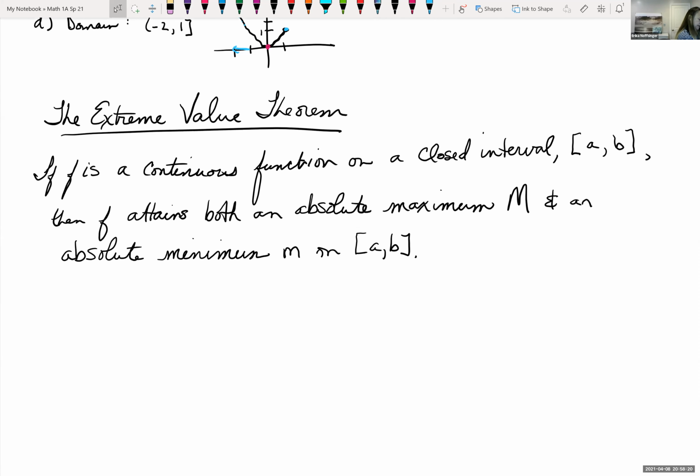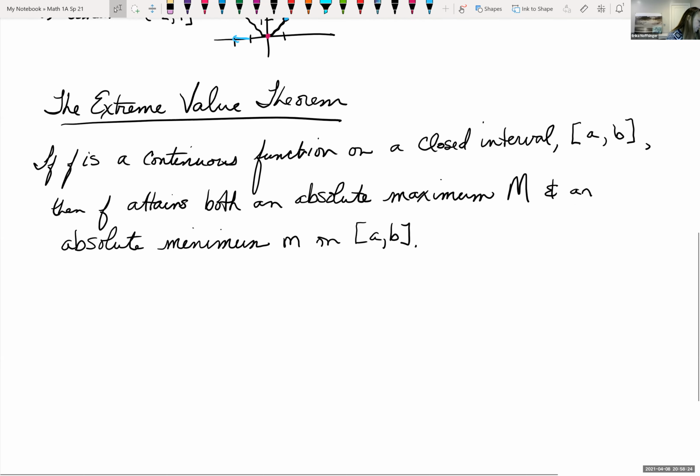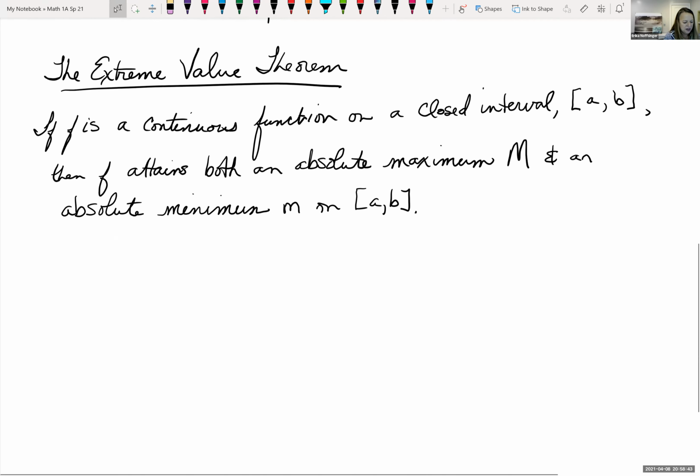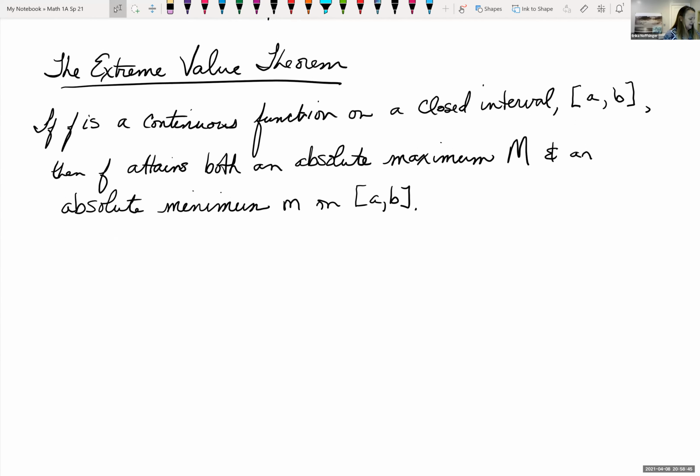Let's look at an example. This is where I'm surprised they teach it this way, but this is where we have to think about stuff that we've done before.